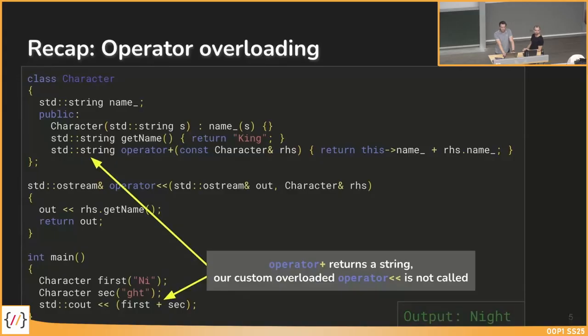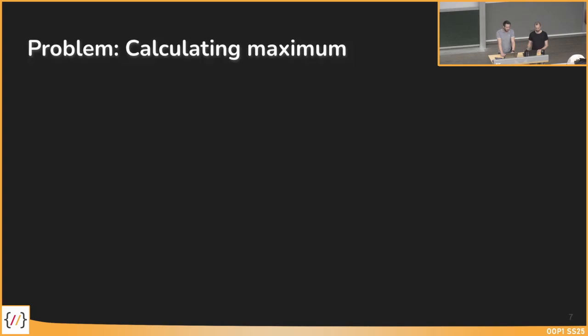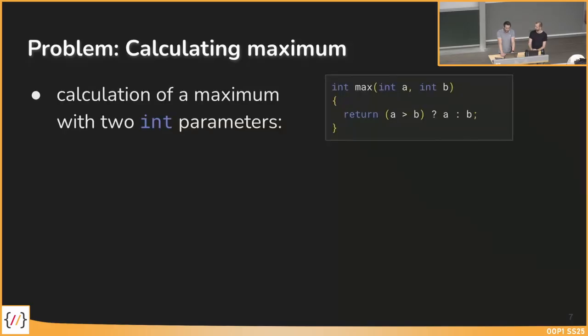Further questions to this example? Okay, then let's move on to the first topic for today, which is template functions. We want to start with a short example where we calculate the maximum, first for two integers.